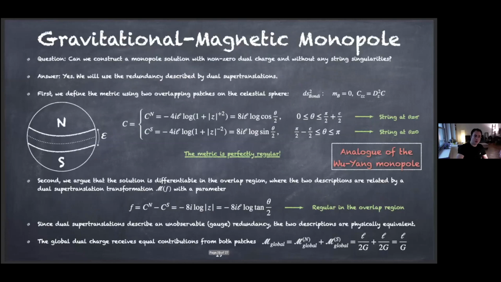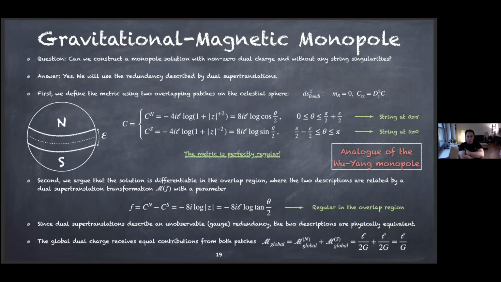And now I would like to ask the question: can we construct a monopole solution with non-zero dual charge and without any string singularities? This is our construction, and after I describe it, I will also explain the relation to the Misner construction.